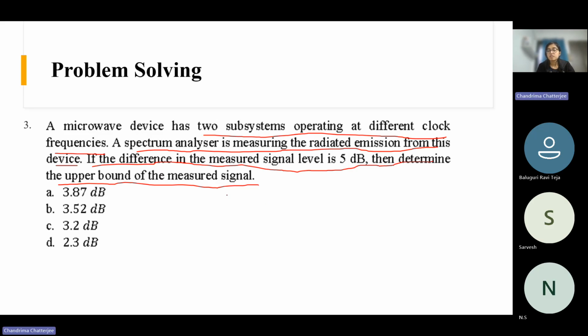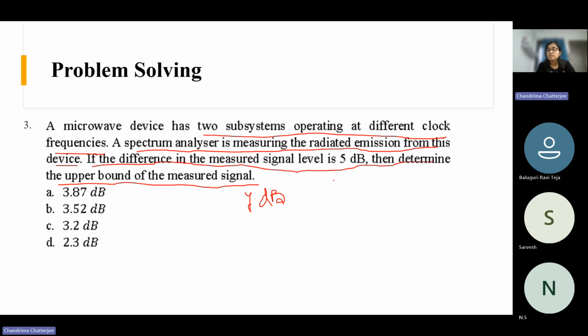So if there are two signals, the difference between the two signals is y dB, suppose. This is the difference between two signals in dB. So that is 5 dB here. Then we can normalize it. How can we normalize it?